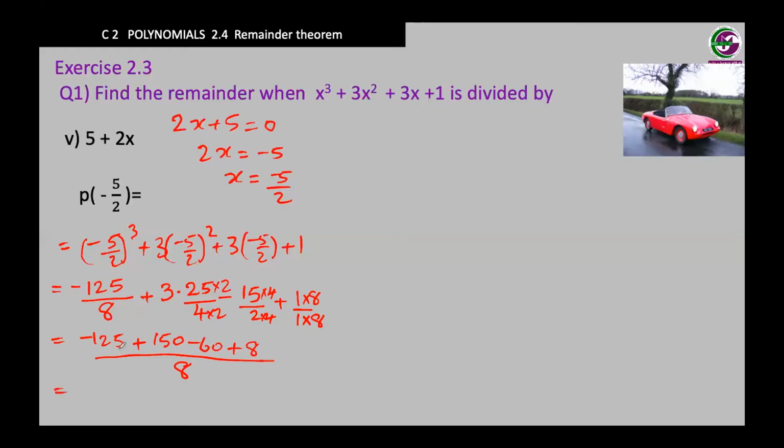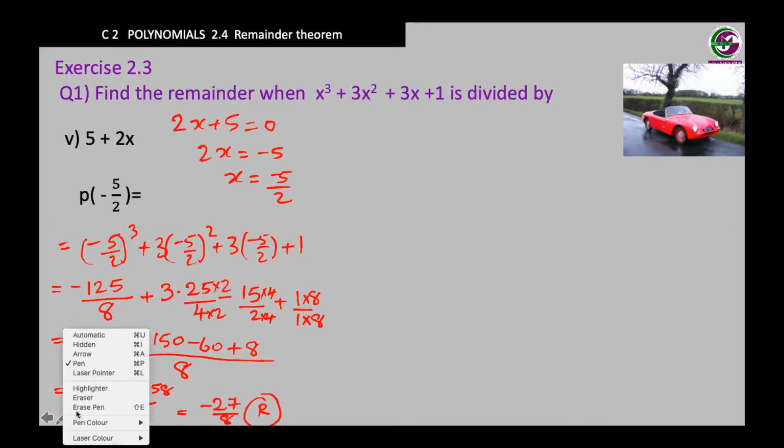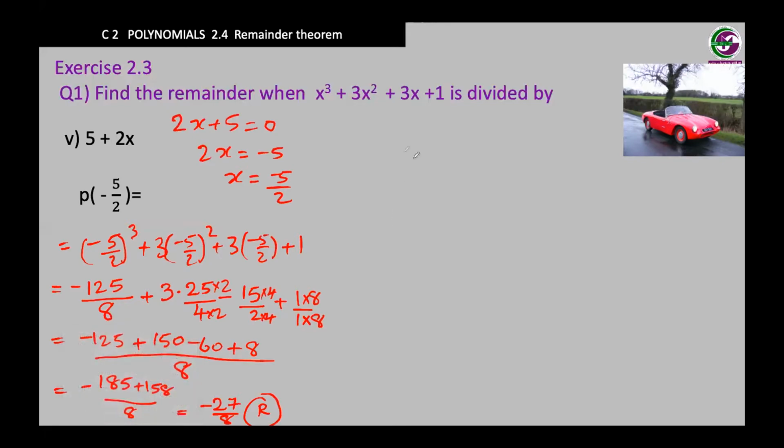So which will be negative 185 plus 158 divided by 8, which will be negative 27 divided by 8. That will be the remainder. Now let us see what will be the remainder when we use the long division method and how to get it. But pay attention here because we will have fraction in the quotient.